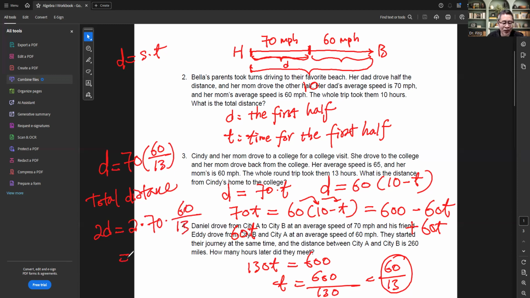And we can just use our calculator and round it to miles. So 2 times 70 times 60 and divide by 13. So we got 646 miles.